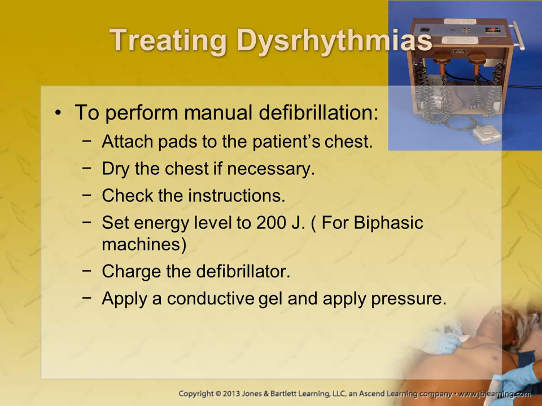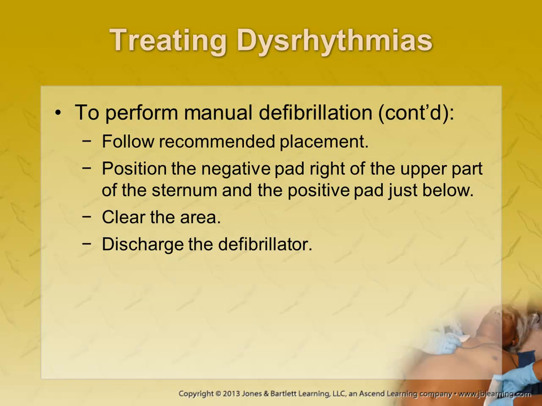Be sure you dry your chest, attach your pads. Your energy level is going to be at 200 for biphasic machines. Most of the machines that you're using now are biphasic. All right, I've explained that before. Do y'all understand the process of biphasic? You've got one shock going down, one shock coming back up, whereas a monophasic just shoots one larger shock down. All right?